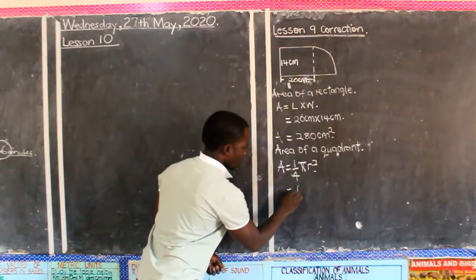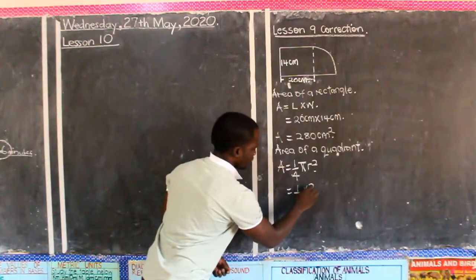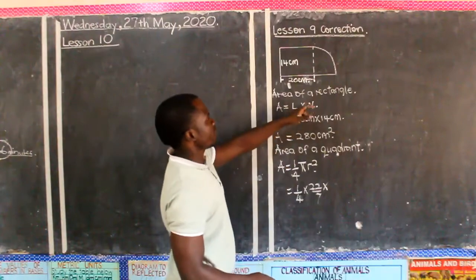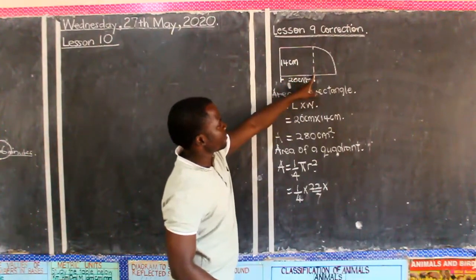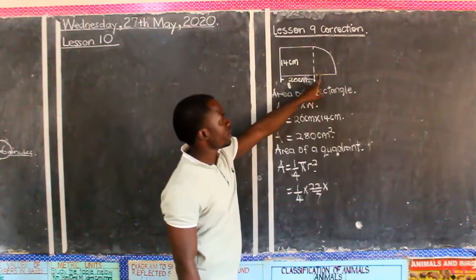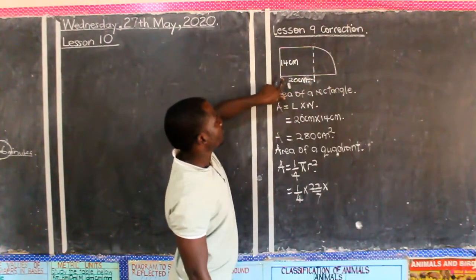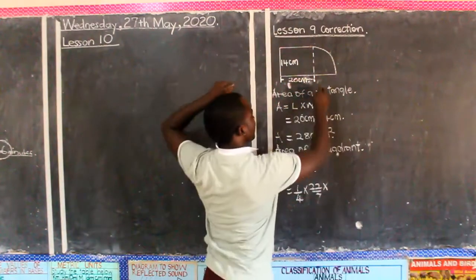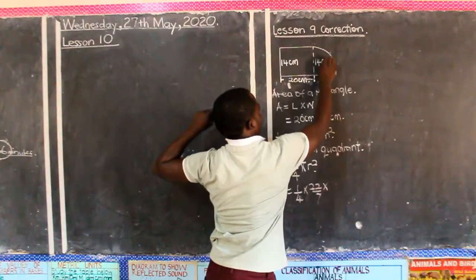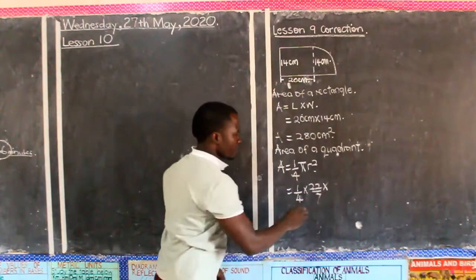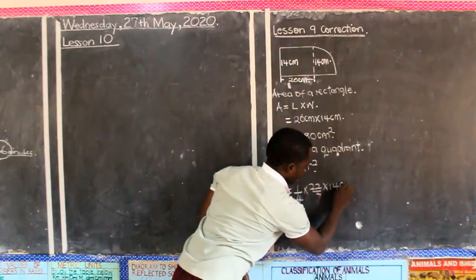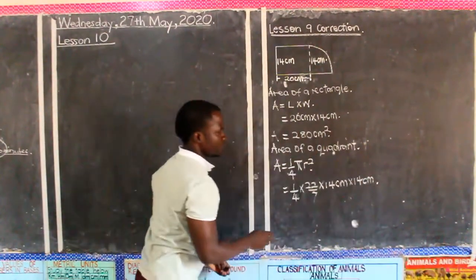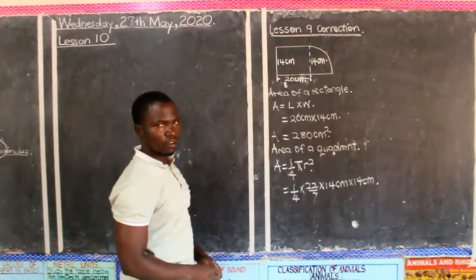Go ahead and say 1 out of 4 times the pi of 22 out of 7 times the radius. Look at this. This is the radius of the quadrant, and this is the radius. Now, if from here up to here is 14, even this one here must be 14. Okay? So we shall have the radius of 14 centimeters times 14 centimeters. That is our radius.